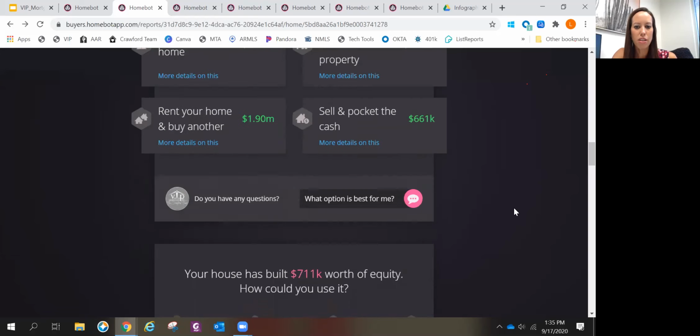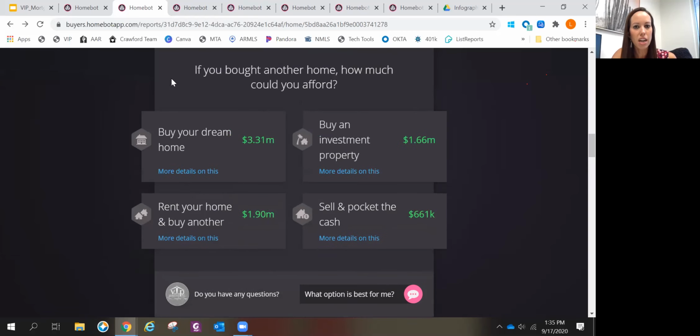It then also gives them this information here. If they bought another home, how much could they afford? If they were to sell, take the cash and put it as a down payment on their next home, they could potentially afford a $3.31 million house. If they were to buy an investment property using their equity, they could potentially buy a $1.6 million investment property. If they were to rent their home and buy another house as their primary, they could potentially qualify for a $1.9 million house.